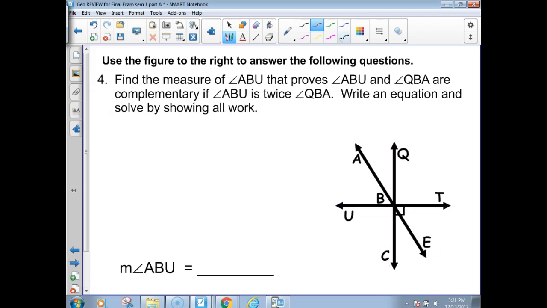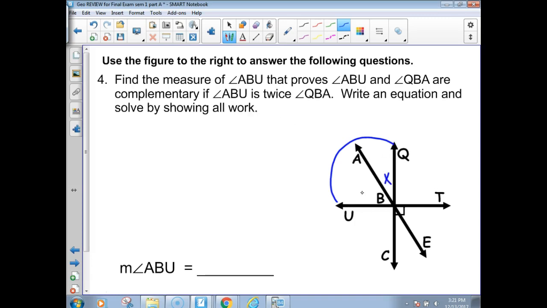Okay, number 4, now we're getting into where we do some equation solving. Find the measure of angle ABU that proves that angle ABU and QBA, which is right next to it, are complementary if ABU is twice QBA. Let QBA be x.